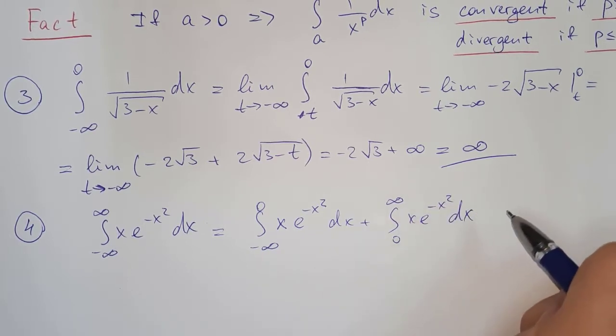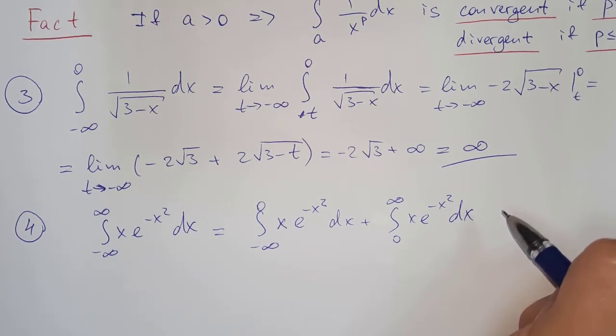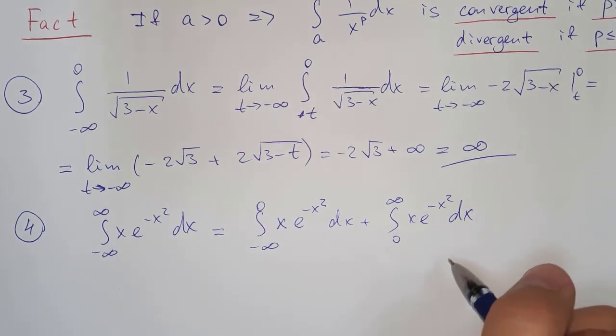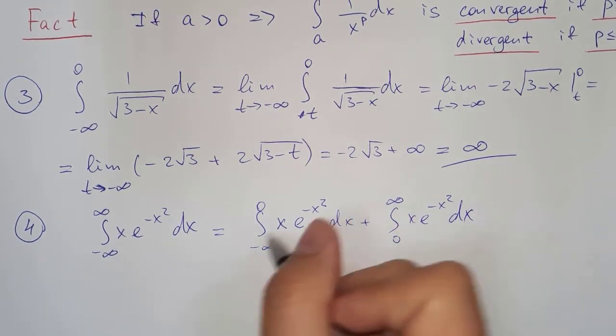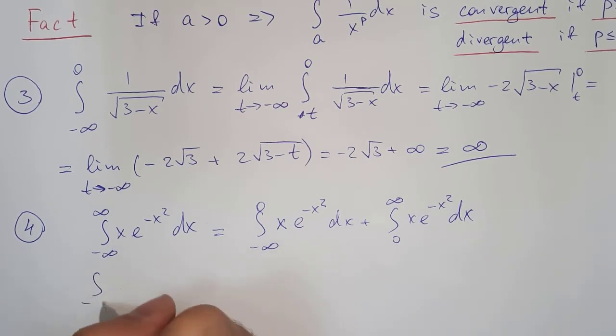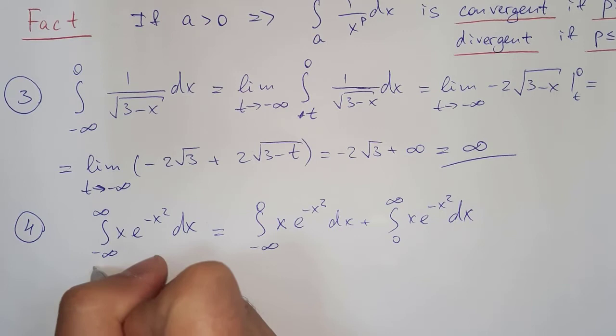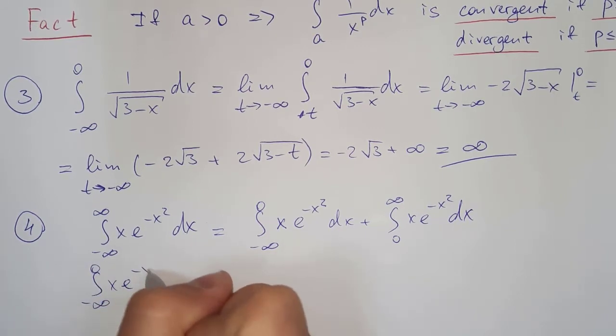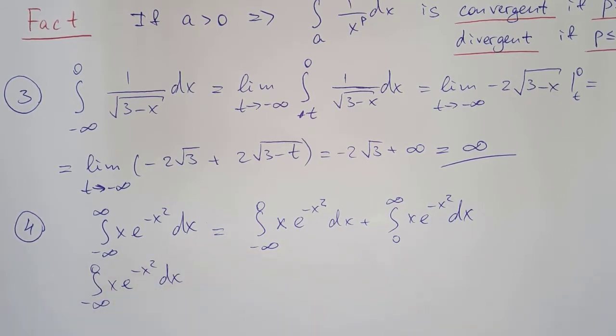Okay, so now let's consider individually two of them. Firstly, let's begin with this one, integral from minus infinity to 0 of x e to the power of minus x squared dx.